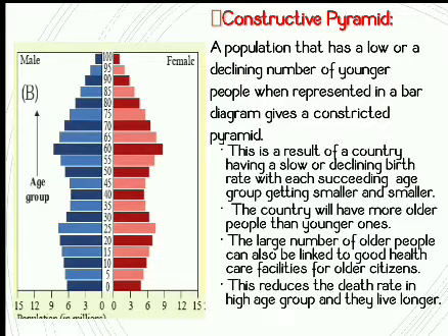The country will have more older people than the younger ones. The large number of older people can also be linked to good health care facilities for older citizens. So this reduces the death rate in the high age group, and they live longer. So this is how the constructive pyramid is designed.